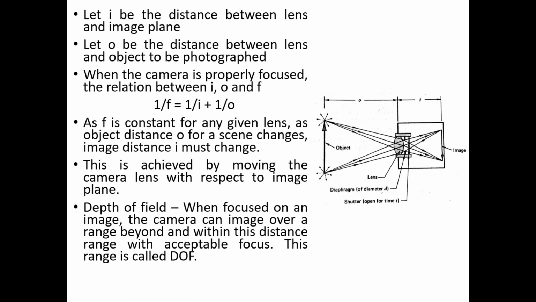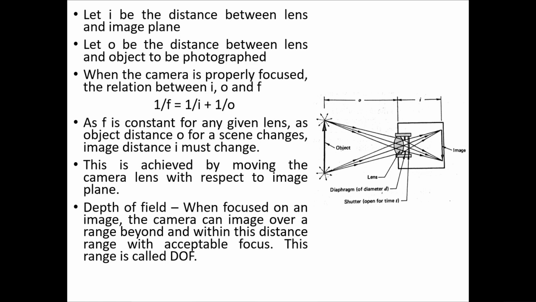You might have seen very long lenses, very short lenses, 18mm, 50mm lenses, and some of you might have used them. So what you basically do is change your I value, because the focal length of the lens is fixed and the object distance is varying, so you have to focus the image clearly. You adjust your I value by moving the lens back and forth with respect to the image plane, right?